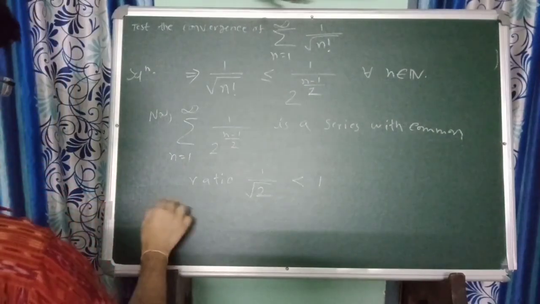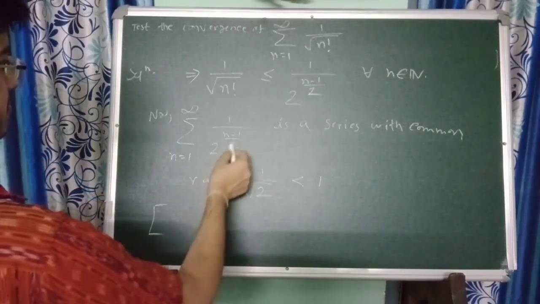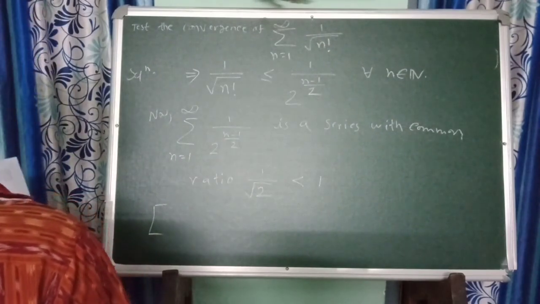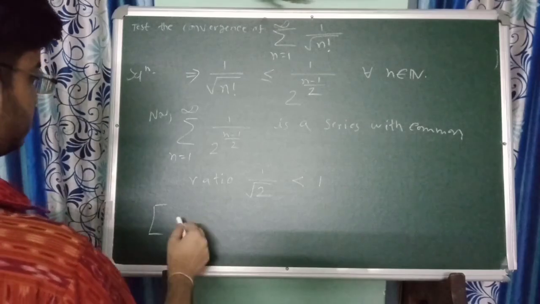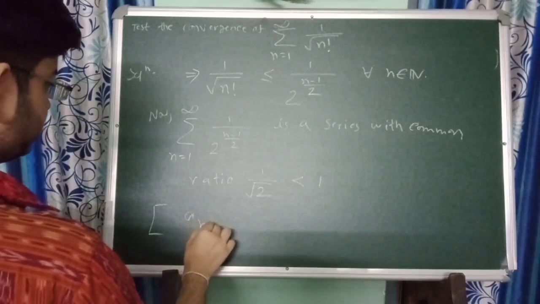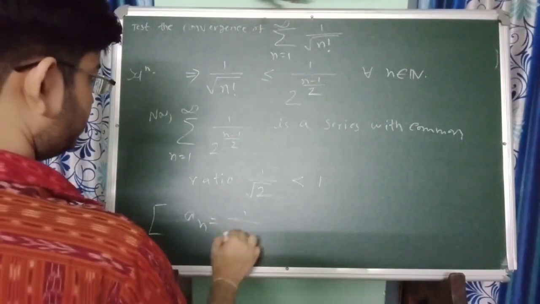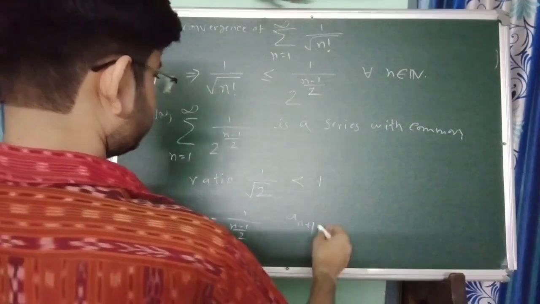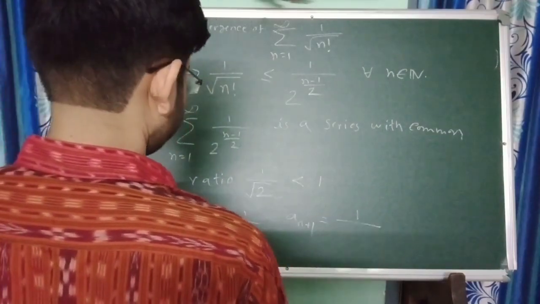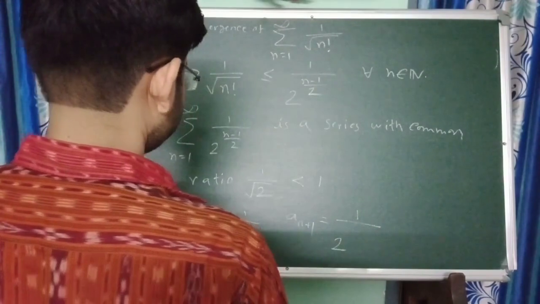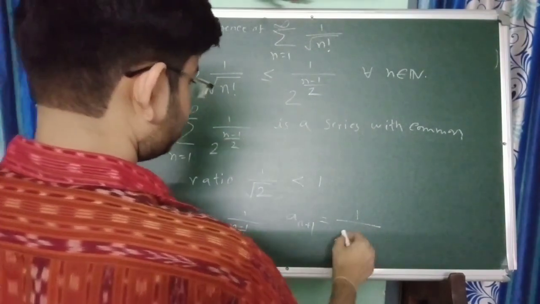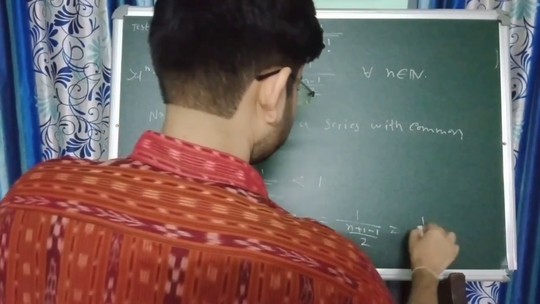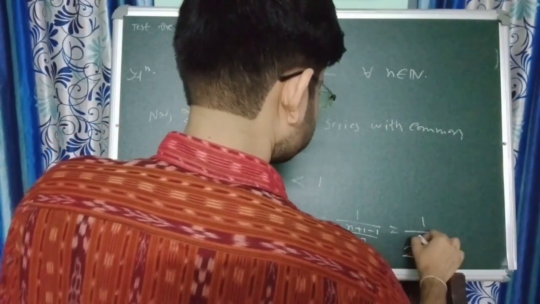Common ratio means, basically this is a geometric series. Here the nth term is 1 by 2 to the power n minus 1 by 2, and the n plus 1th term is 1 by 2 to the power, just adding one here, n plus 1 minus 1 by 2, so this becomes 2 to the power n by 2.